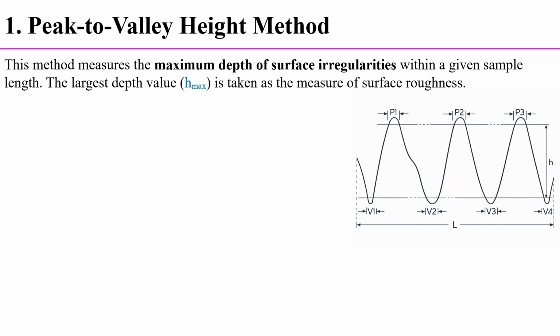So here we have to consider the maximum depth of the surface irregularities. Let's consider among these three values, this is the largest value, and this largest depth we have to consider as the surface roughness.